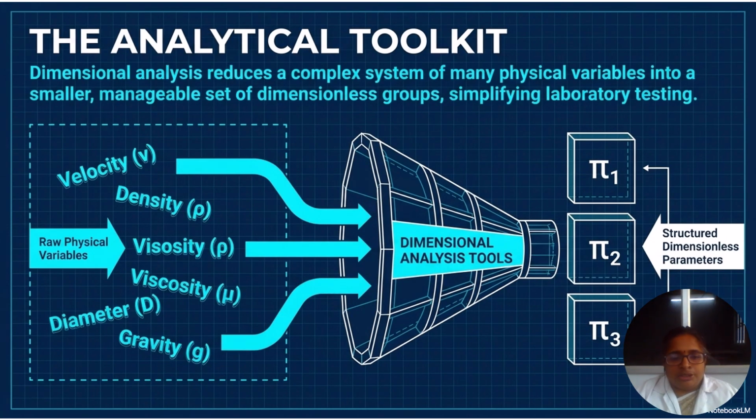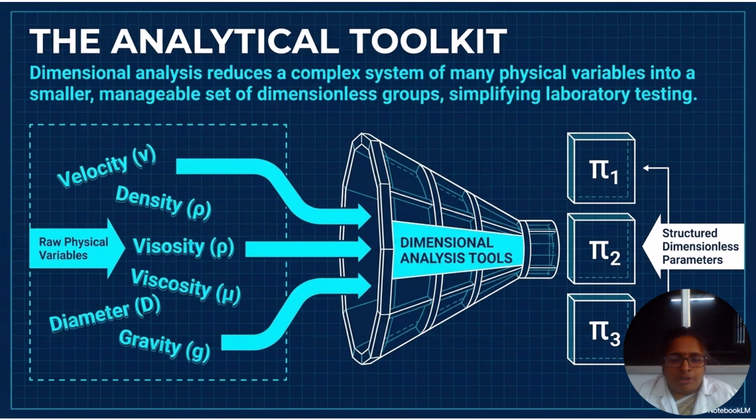And what is the toolkit? We have a toolkit for dimensional homogeneity. Dimensional analysis reduces a complex system of many physical variables into a smaller and manageable set of dimensionless groups, simplifying laboratory testing.